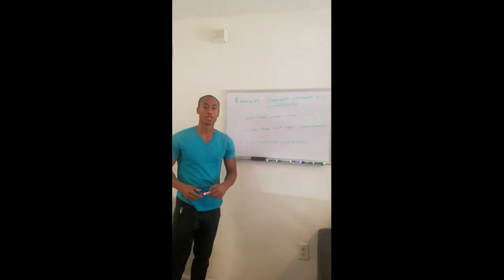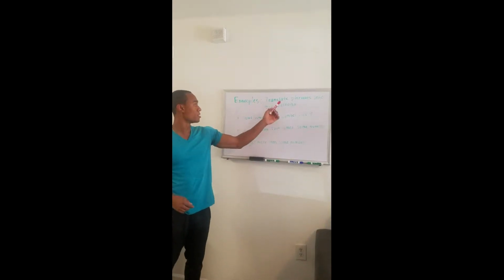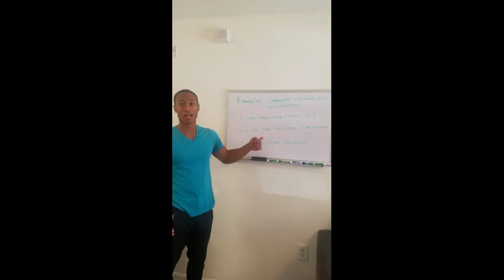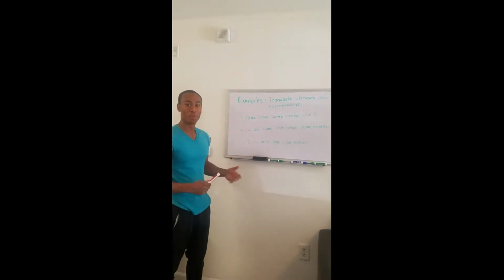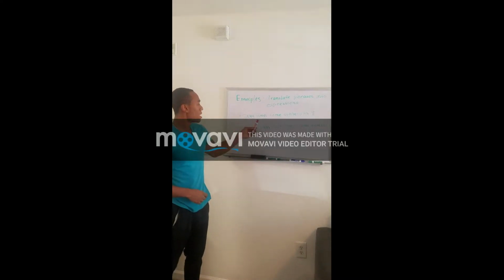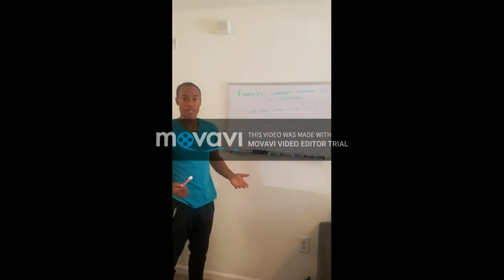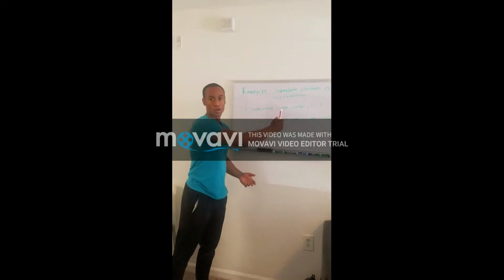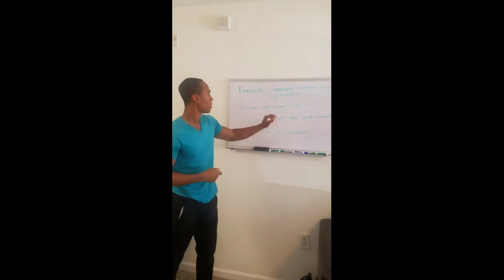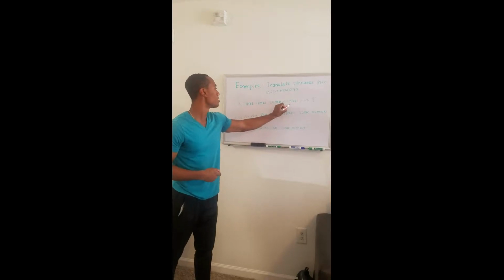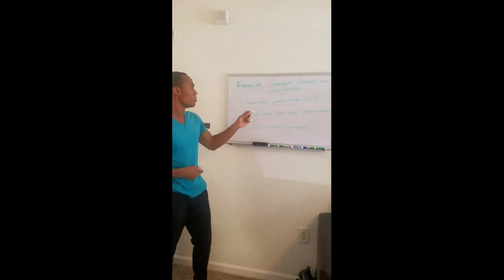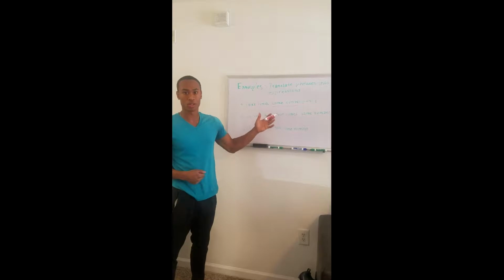So now we're going to do some examples. We're going to translate phrases into algebraic expressions. Number one, 3 times some number plus 8. Whenever you're looking at sentences with the phrase some number in it, you're going to start there. So I'm going to underline some number. Whatever you do to change this into an algebraic expression, you're going to start with the phrase some number.